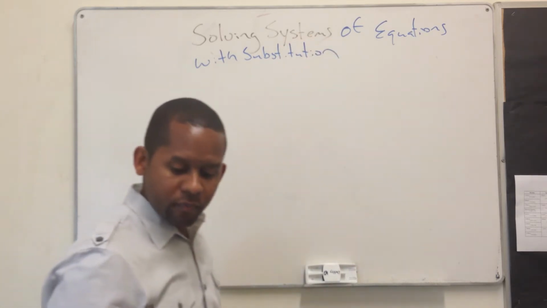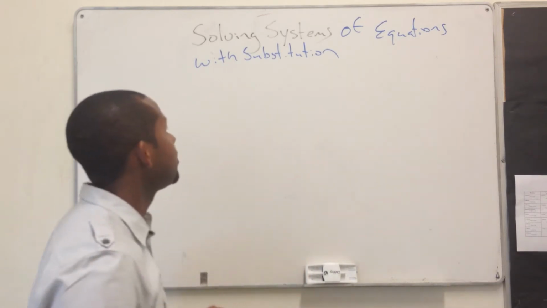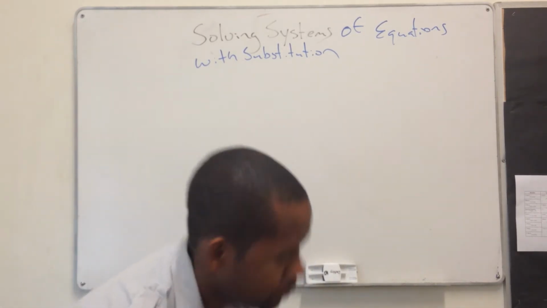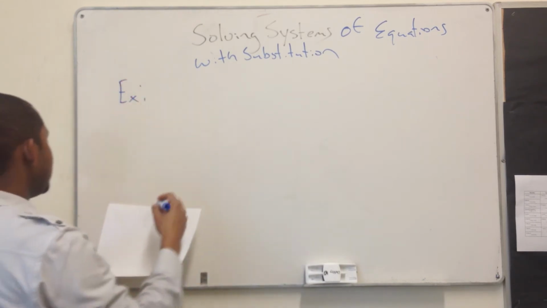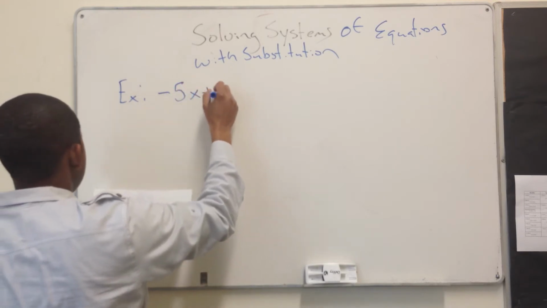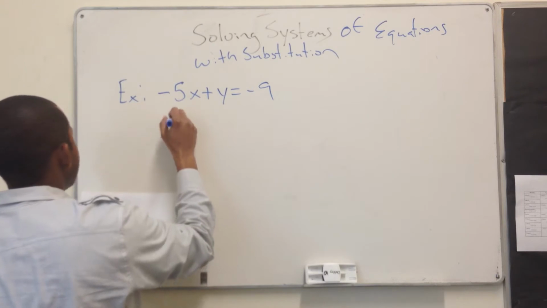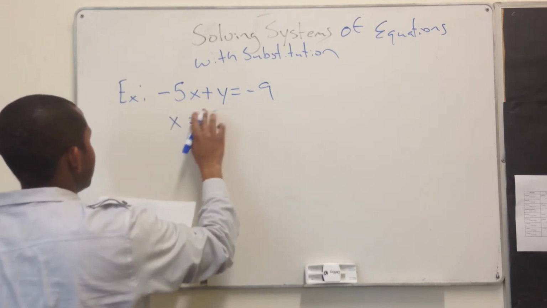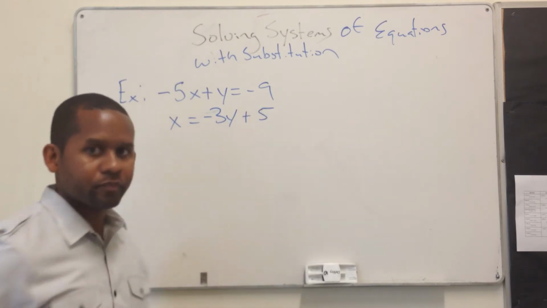Okay? So let's see what we're going to do today. We're going to take an example. An example of this is where they give you negative 5x plus y equals negative 9, and x equals negative 3y plus 5.